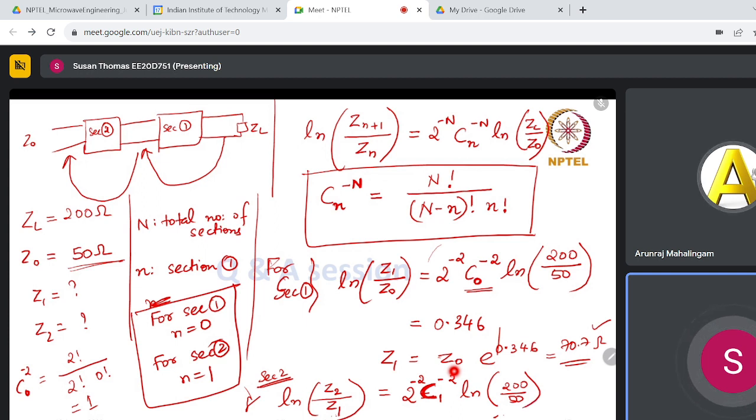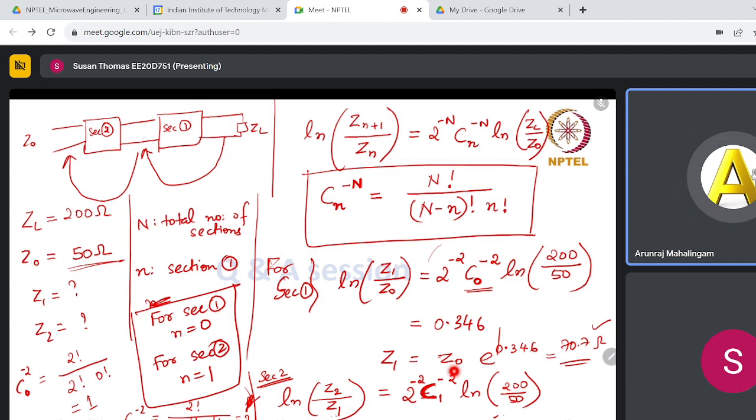Now, how do we calculate C1 raised to minus 2? C1 minus 2 will be 2 factorial divided by (2 minus 1) factorial multiplied by 1 factorial. So the final answer is 2, 2 into 0.25.